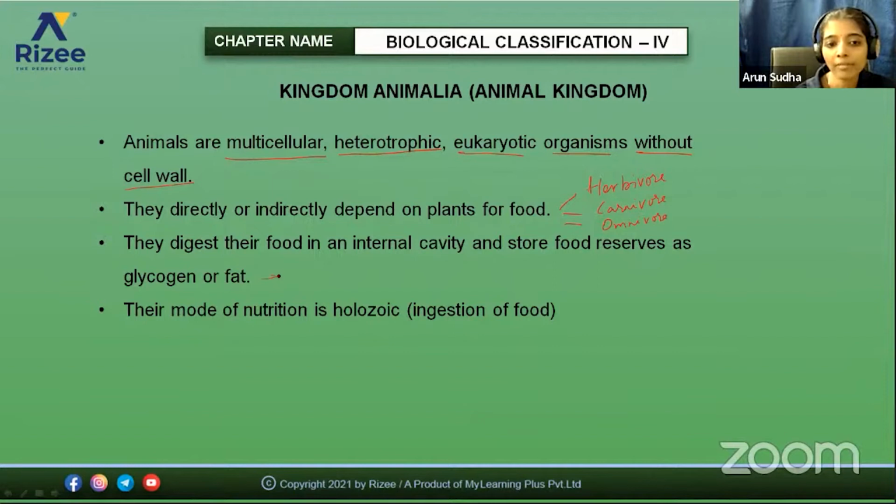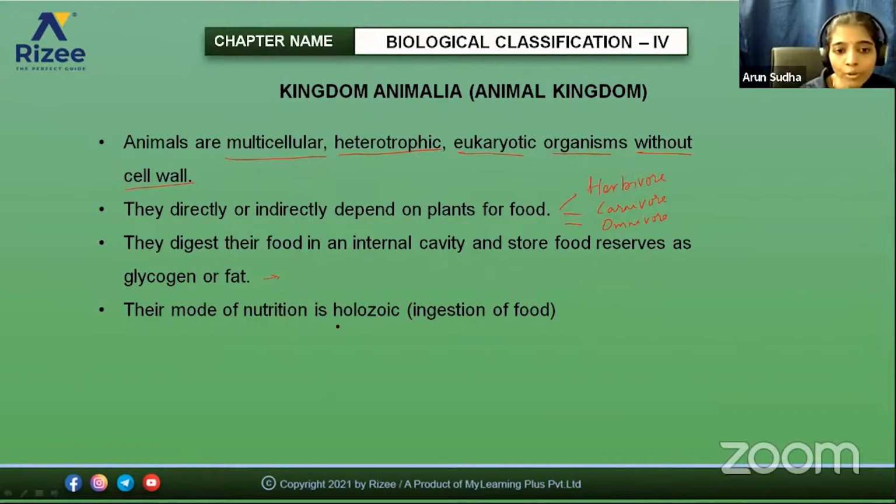Here we are seeing the development from a unicellular to a multicellular organism. When they evolve to a multicellular organism, there occurs a gradual increase in the intake of food, a gradual development of the internal cavity and the alimentary canal, and the storage reserve also increases as the organism develops. So they digest their food in an internal cavity and store food resources as glycogen or fat.